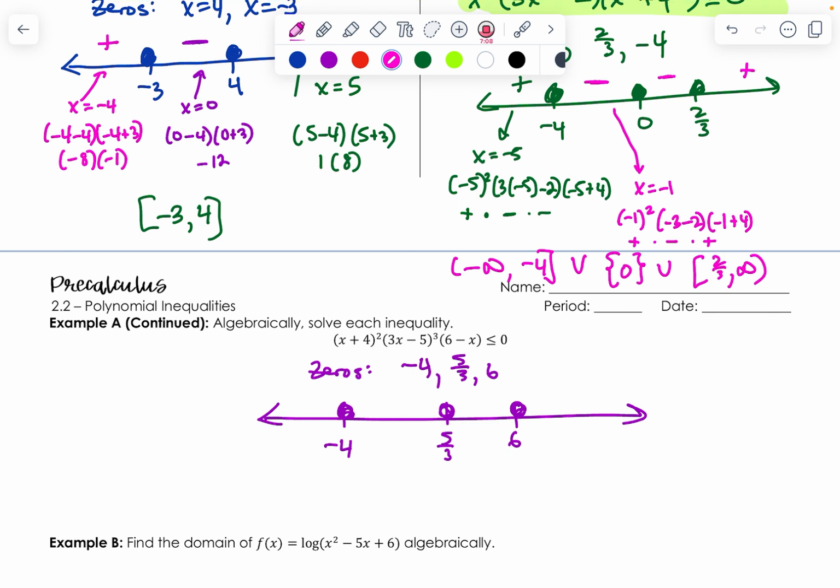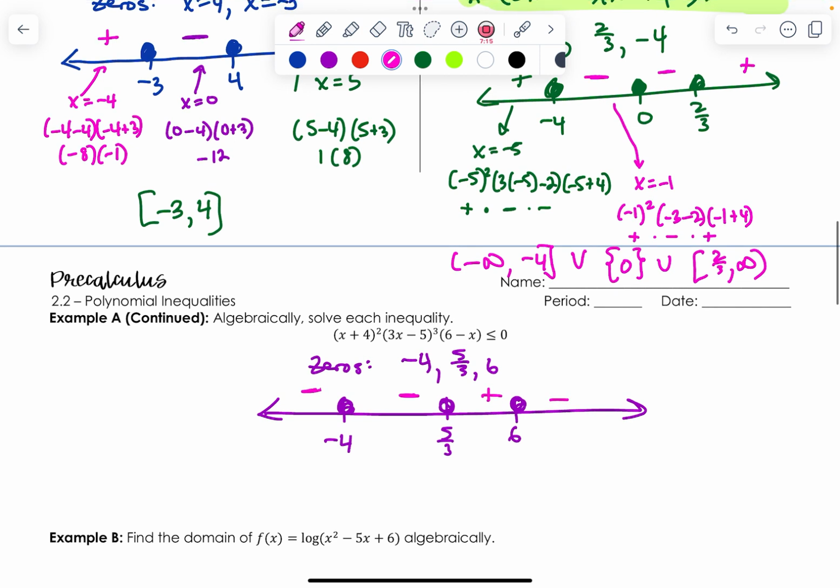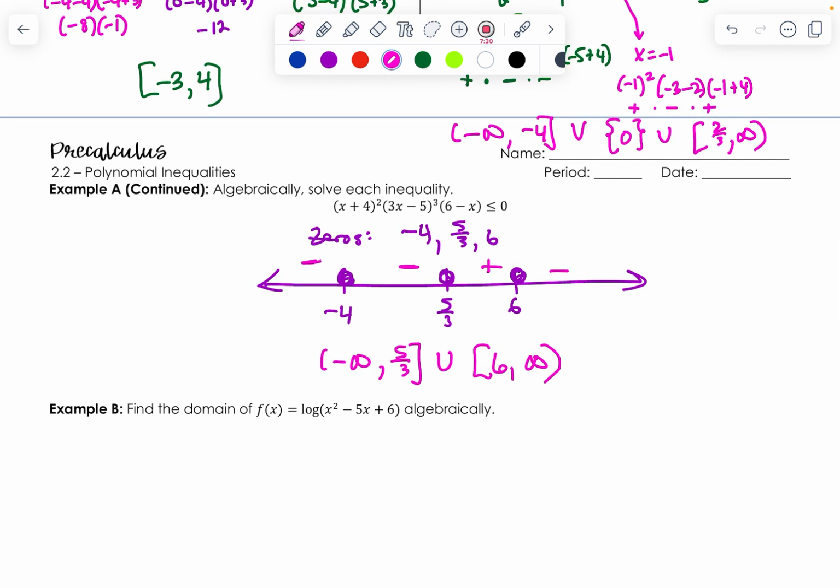Because I've already done that, and for time's sake, this is a minus, minus, plus, minus. So I'm looking for the minuses and 0. So that's -infinity to 5/3 with a bracket, union 6 to infinity.